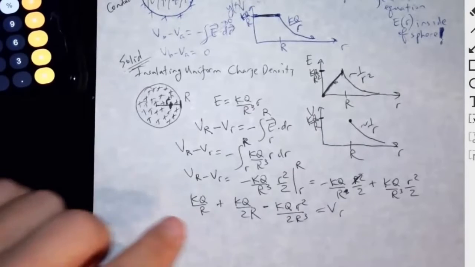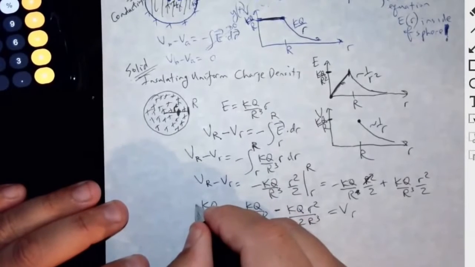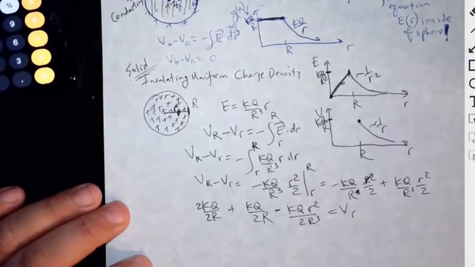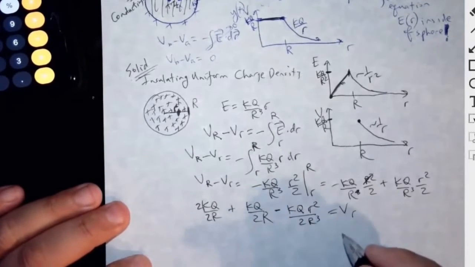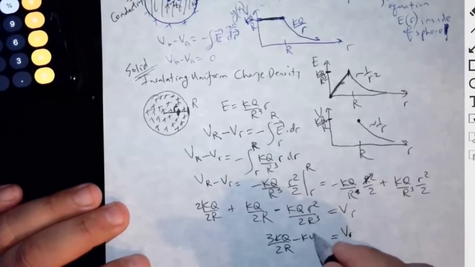I guess we could combine these two also, and then you get V sub r is equal to 3kQ over 2R minus kQ over 2R cubed times r squared.